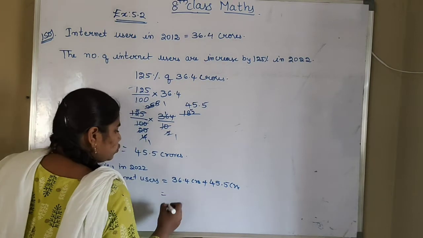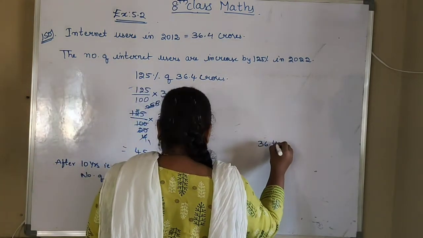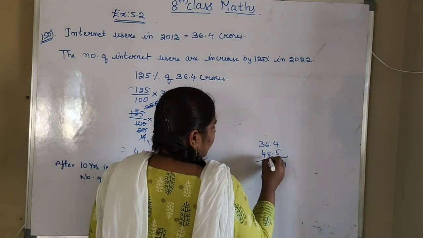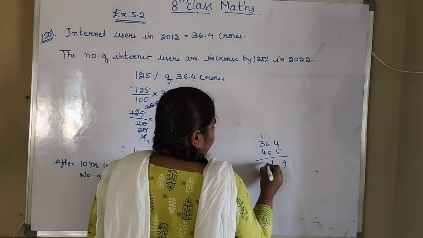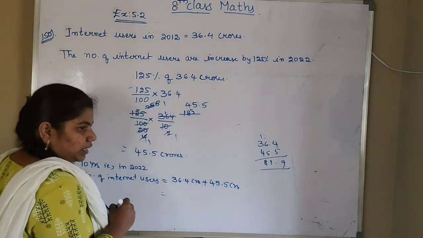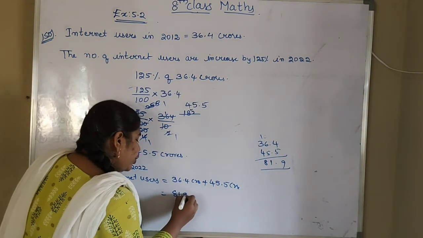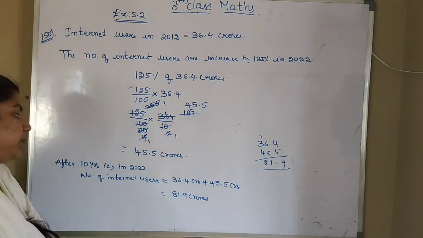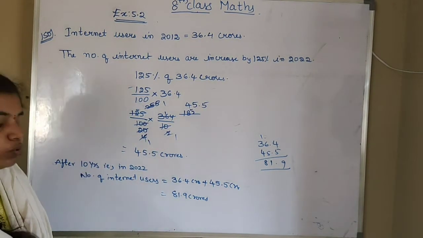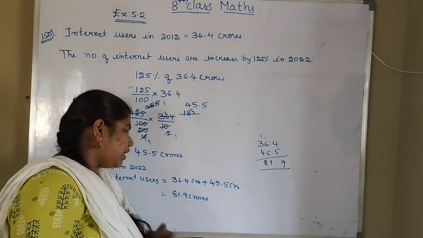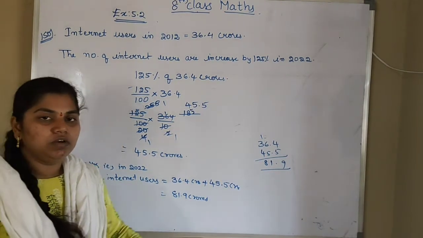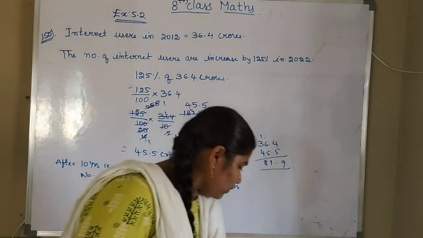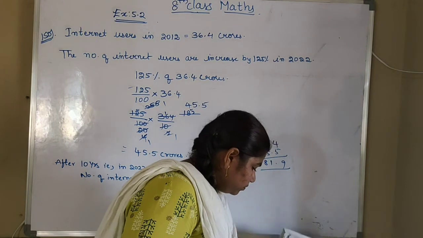So you add these two: 36.4 plus 45.5 is 81.9. So how many crores have been increased? That is 81.9 crores of people after 10 years. That means in 2022, the number of internet users is 81.9 crores. Okay, so this is our first solution. Now we will see the second one.